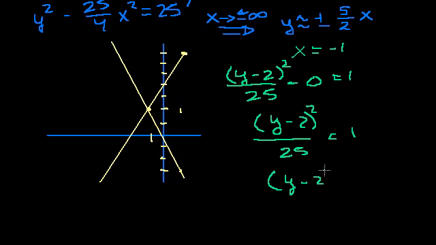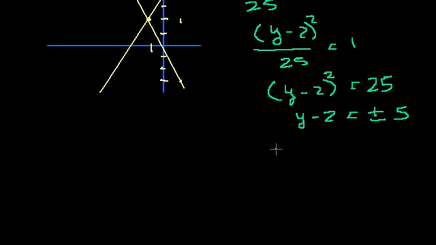Y minus 2 squared is equal to 25. Just multiplied both sides by 25. Y minus 2 is equal to plus or minus, I'm just taking the square root of both sides, 5. So y minus 2 is equal to positive 5, or y minus 2 is equal to minus 5. Add 2 to both sides of this, you get y is equal to 7.